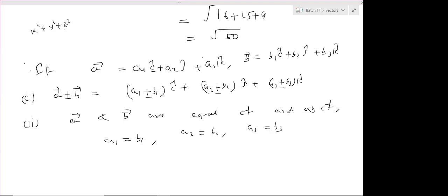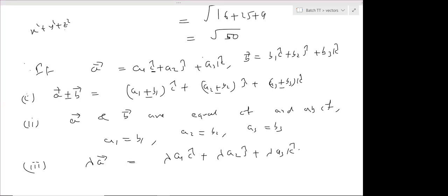Right? That means the coefficients of i, j, k must be equal. If you multiply a vector by a scalar quantity, suppose lambda is a scalar quantity, then what happens? It will be multiplied with all the coefficients. Very simple.